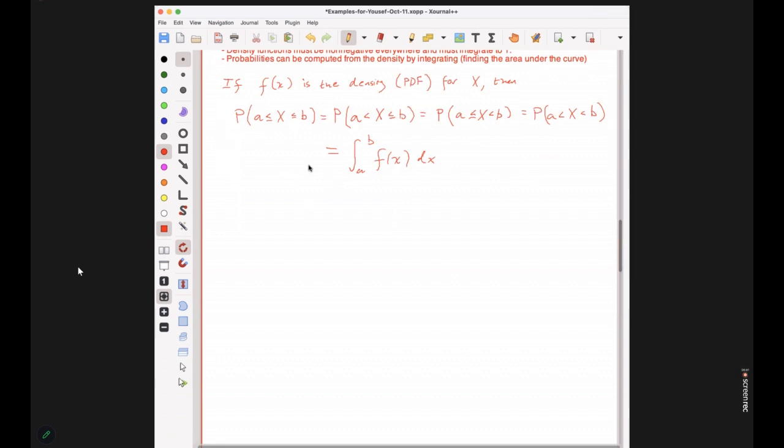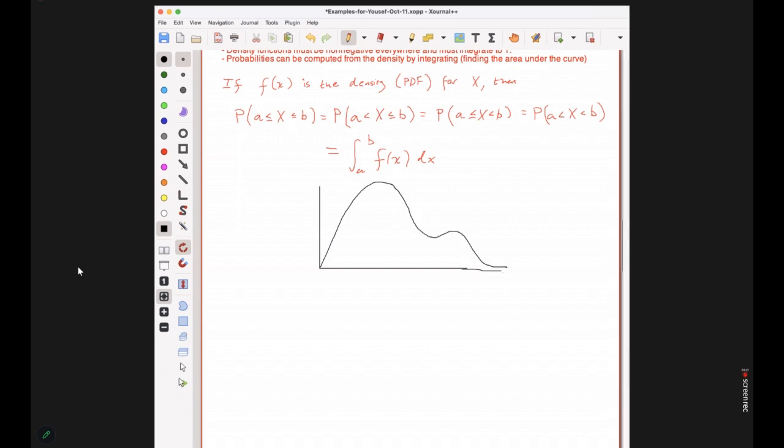So let's say we are looking at, perhaps our distribution looks like this, where this in blue here is the function f of x.